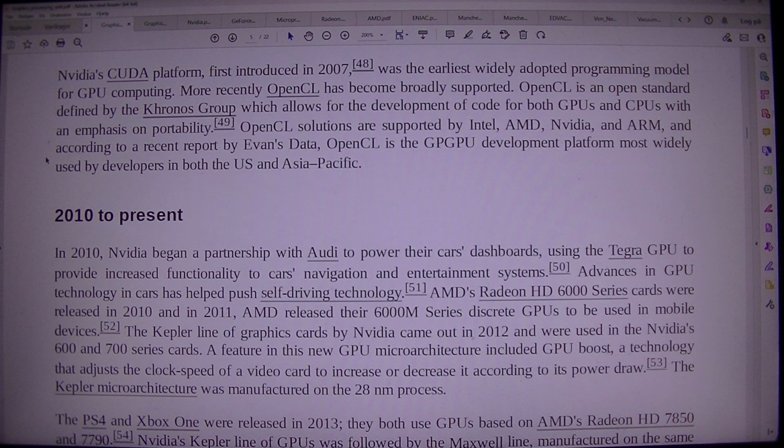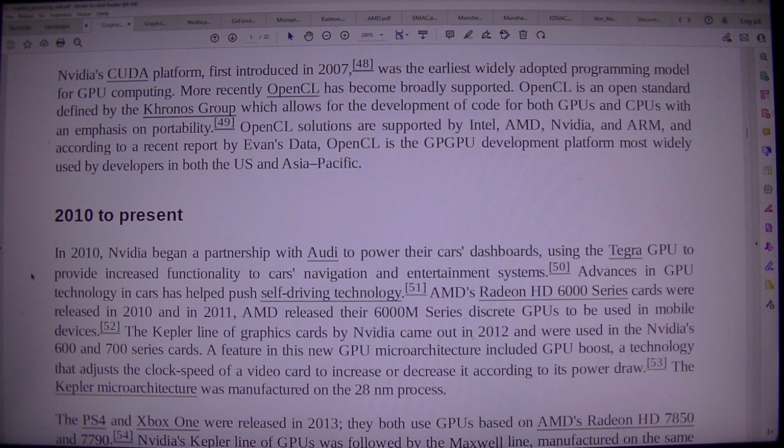OpenCL solutions are supported by Intel, AMD, NVIDIA, and ARM, and according to a recent report by Evans Data, OpenCL is the GPU development platform most widely used by developers in both the US and Asia Pacific.